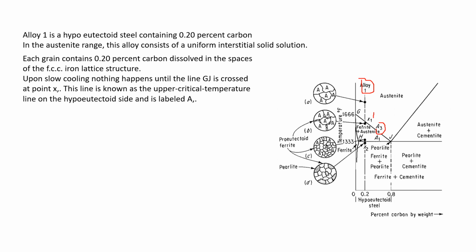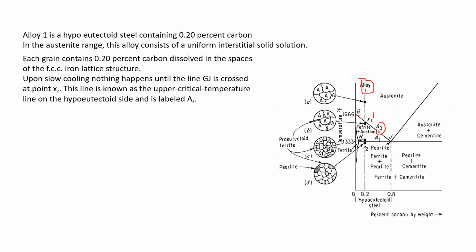The allotropic change from FCC to BCC iron takes place at 1666 degrees Fahrenheit. Below this line, the allotropic changes occur. So at point x1, the ferrite must begin to form at the austenite grain boundaries.